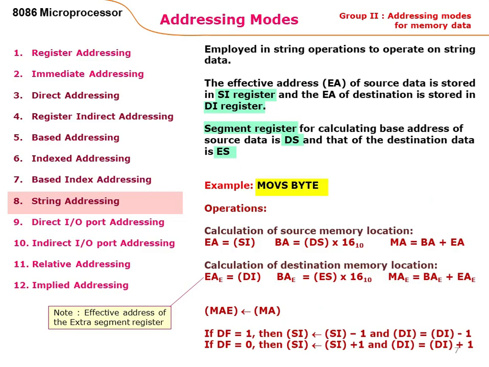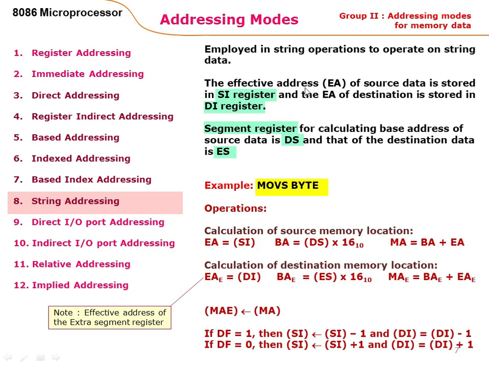Next we will look at the next addressing mode, that is string addressing mode. A string is a very important data type, because whenever we want to compare some data we use a string, and the string can be accessed through string addressing modes. This mode is employed in string operations to operate on string data.